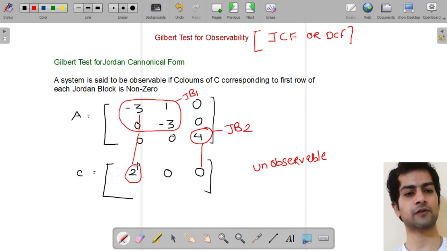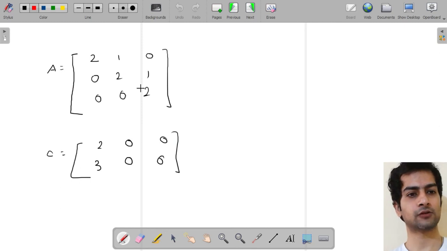If all elements of the column of the C matrix are not zero, then our system is observable. Otherwise, if for the first row of a Jordan block all column elements of matrix C are zero, then it will be non-observable.